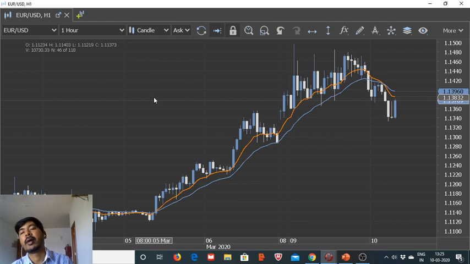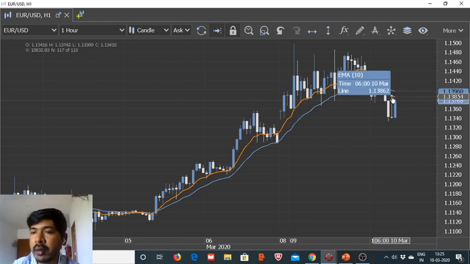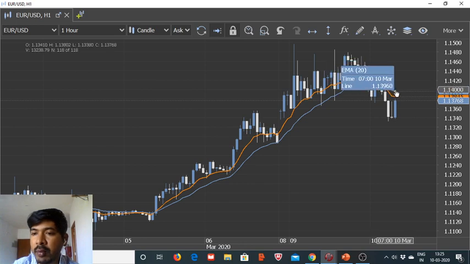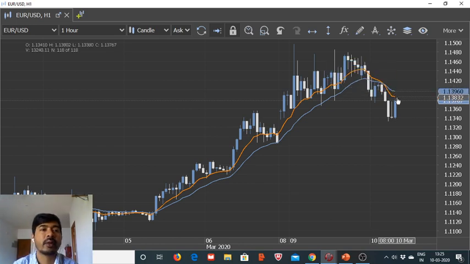Now coming back to the hourly chart, we have to look for a sell trade here in today's session. First we will need the penultimate candle, that is the candle with shift period 2, to be in a rise.